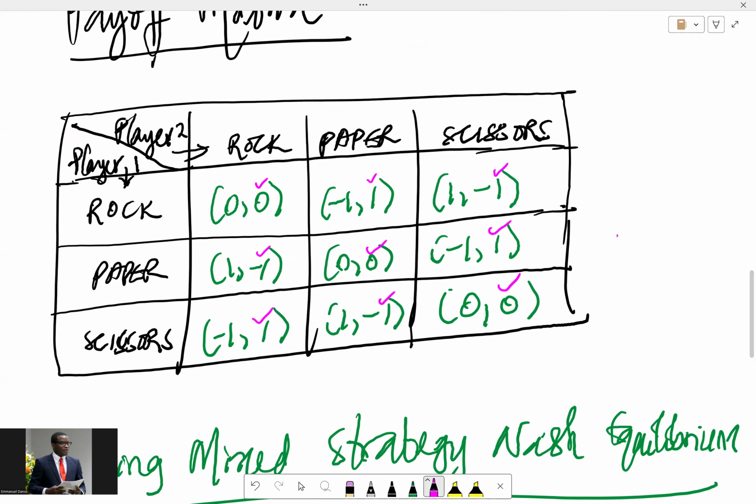Of course, talking about player two, this is rock for player two. So in that case, we have 0, then 0 minus 1, 1 for player two. Because that is going to determine what happens to player one.